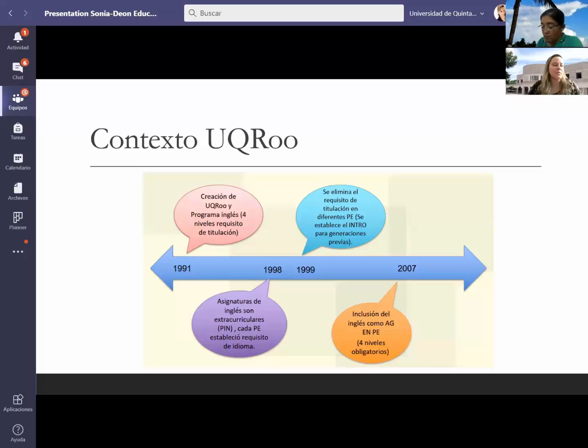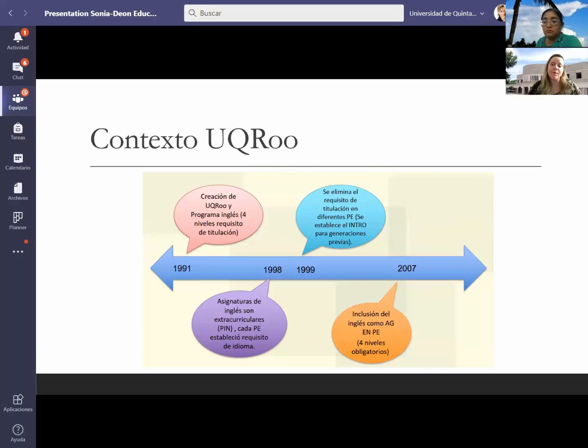Sin embargo, vemos que entre el 91 y el 98 en realidad son materias de inglés extracurriculares, es decir, antes tenían una clave que se llamaba PIN, y por ahí está la doctora Flori que no me va a dejar mentir, le correspondía al Centro de Autoacceso en ese tiempo o al Programa Universitario de Idiomas coordinar toda esta parte de los PINs, impartición también de las asignaturas de inglés.